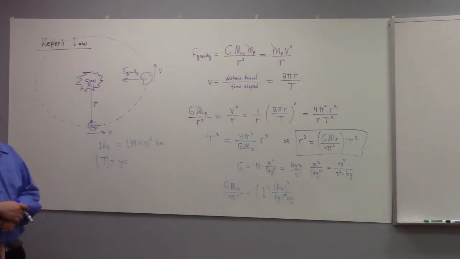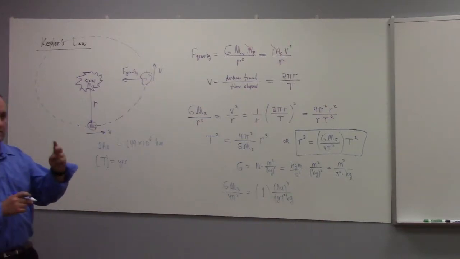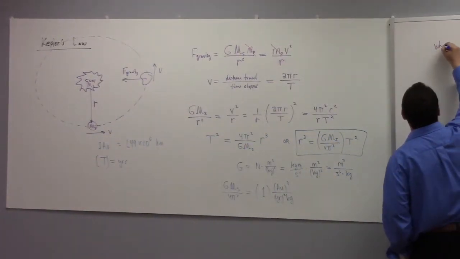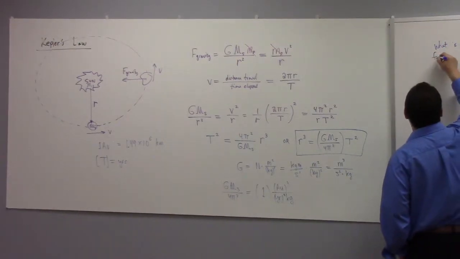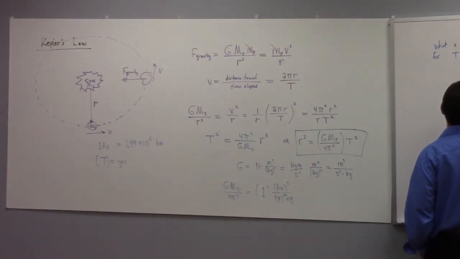Suppose you had a planet orbiting the sun and you wanted its year, the time for the orbit around the sun, to be 2 Earth years. What's the radius of such a planet? What is the radius for T equal to 2 Earth years?